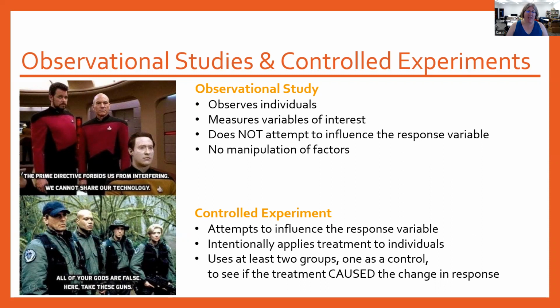So this might be more like a show like Stargate, where they come in and they say, oh, you guys are being beaten up by these really awful other people, so here, we'll give you all of our technology and everything else so you can fend them off. Okay, so observational study is just watching. Controlled experiment, you're trying to manipulate the outcome there.